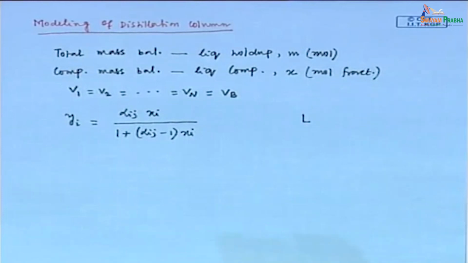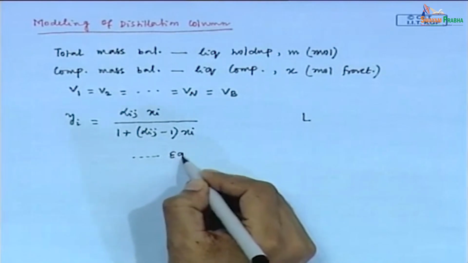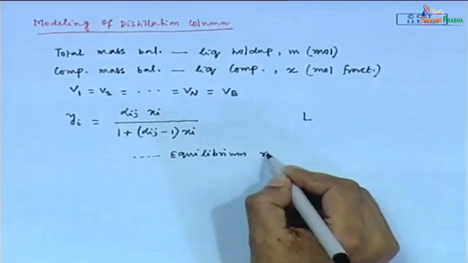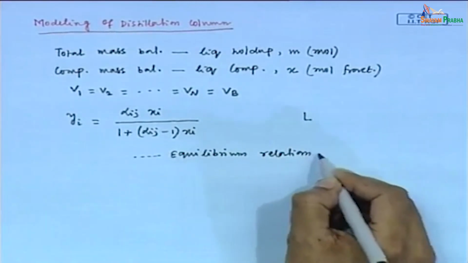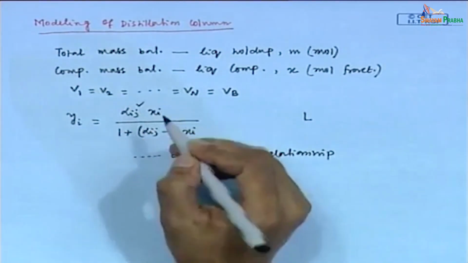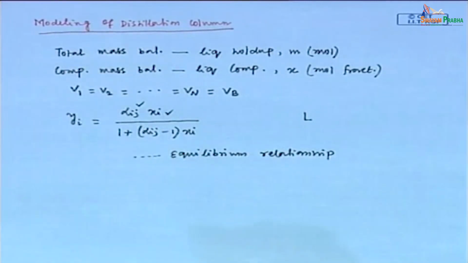This equation we have derived, and this is called the equilibrium relationship. Our assumption is that alpha ij remains constant throughout the column. So, alpha ij is known, x we can get from the component mole balance equation, so we can calculate the vapor composition.